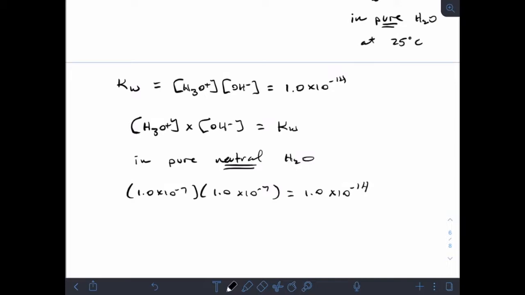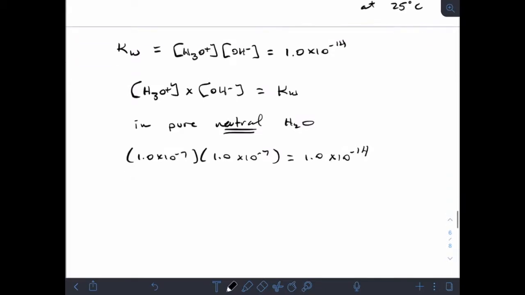If they're out of balance, we're not neutral. That neutral part is very, very important to this relationship. And we can say that if this is my H3O+, then the pH is the negative log of 1 times 10 to the minus 7, which equals 7.